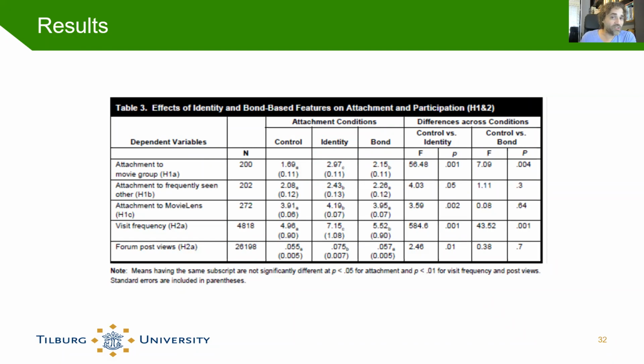One paper was based on a movie-based site in which they created a condition with bond, identity-based, and a control group, and they checked the contribution to the group, the attachment to the group, their post frequency, etc. And there you clearly find that compared to the control group, both bond and identity work. So basically in all the measures here, you see that bond and identity is generally higher than the control group, but you see that creating a common identity works better than creating a common bond.